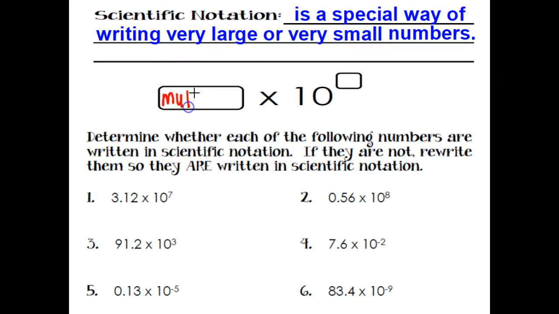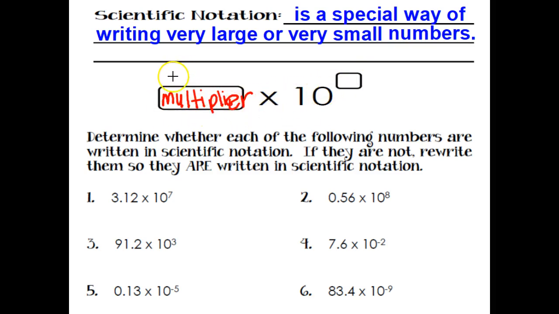The first number is called the multiplier. It's the first number in front of the multiplication symbol and 10 to a certain power. So it's written as the first number as a decimal.